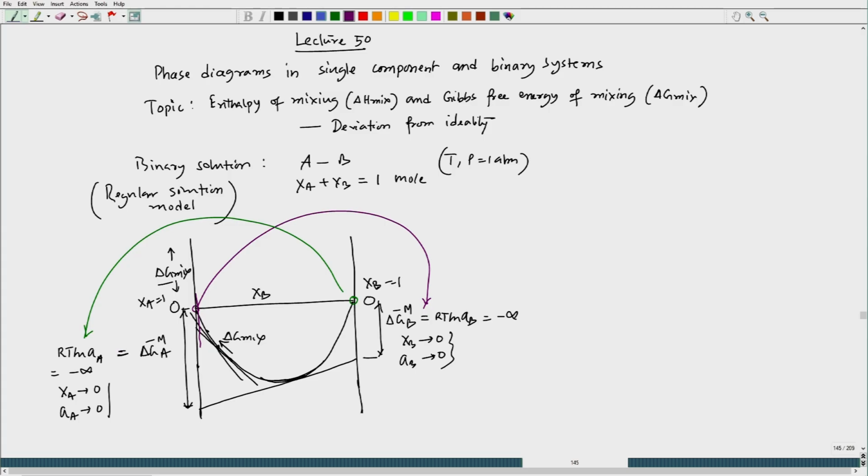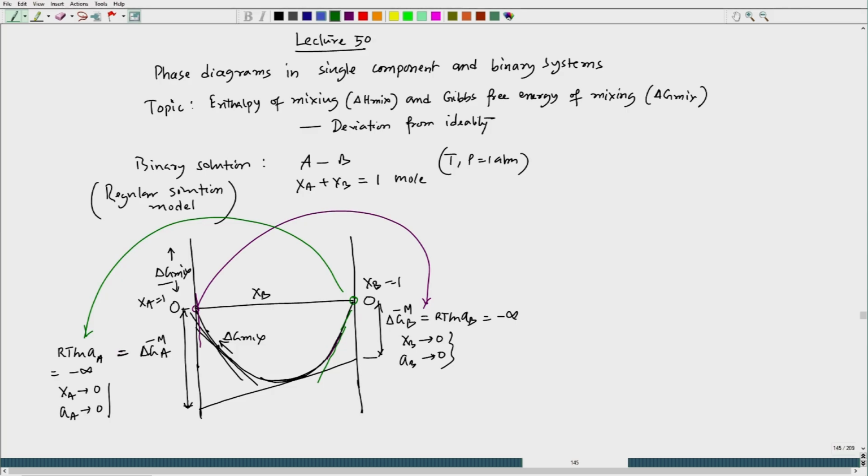A similar situation appears here. We will keep drawing tangents at different points, so x A would turn out to be 0 as we approach the pure B side.